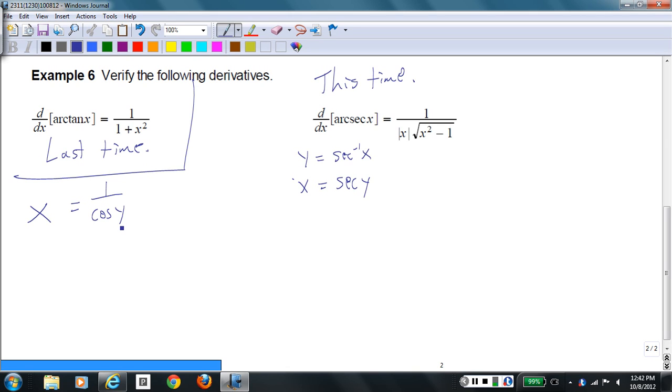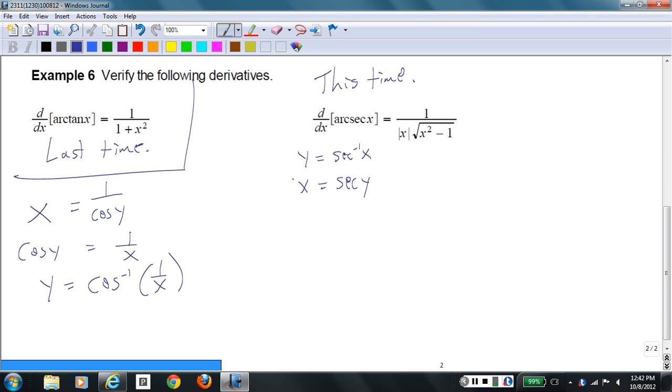Let's multiply both sides by cosine y and divide both sides by x. So would it be correct to say that y equals the inverse cosine of 1 over x? You think? Inverse cosine of 1 over x?